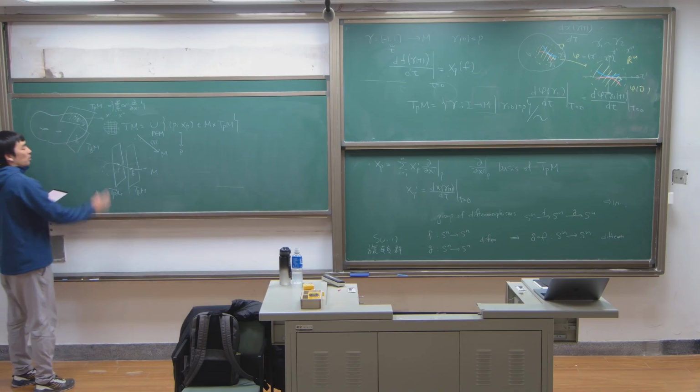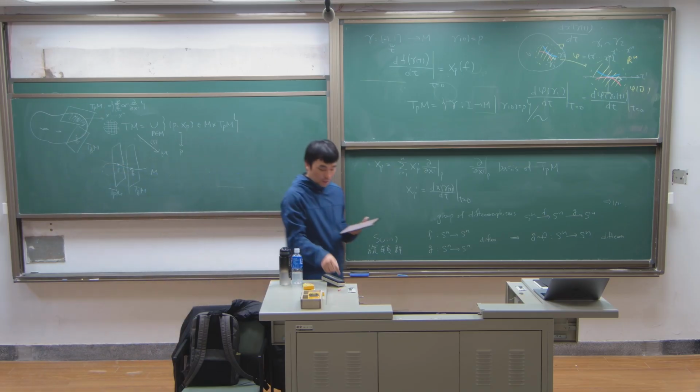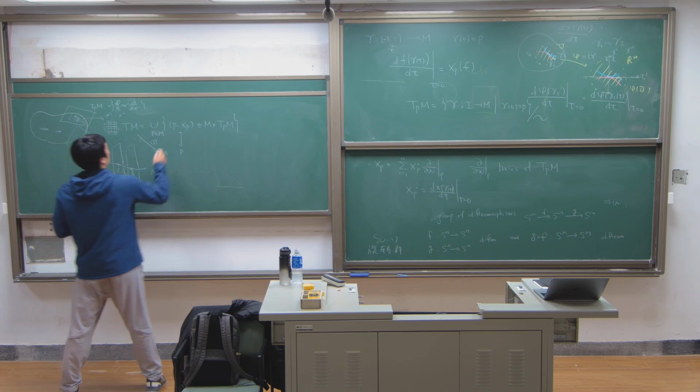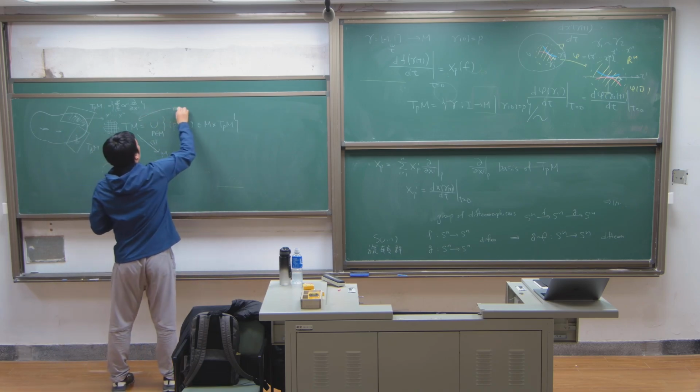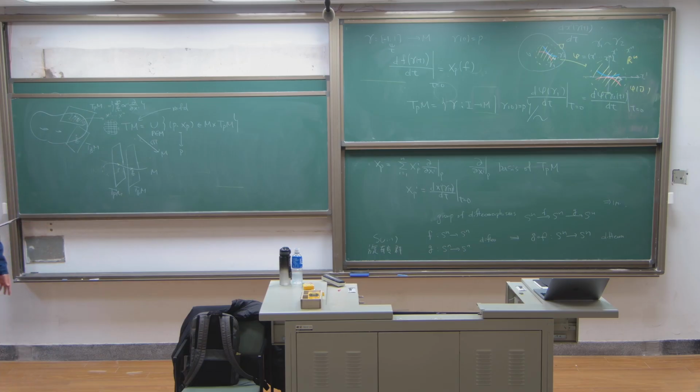So you consider all the tangent bundle. This itself becomes a manifold. And what is the dimension of this tangent bundle?